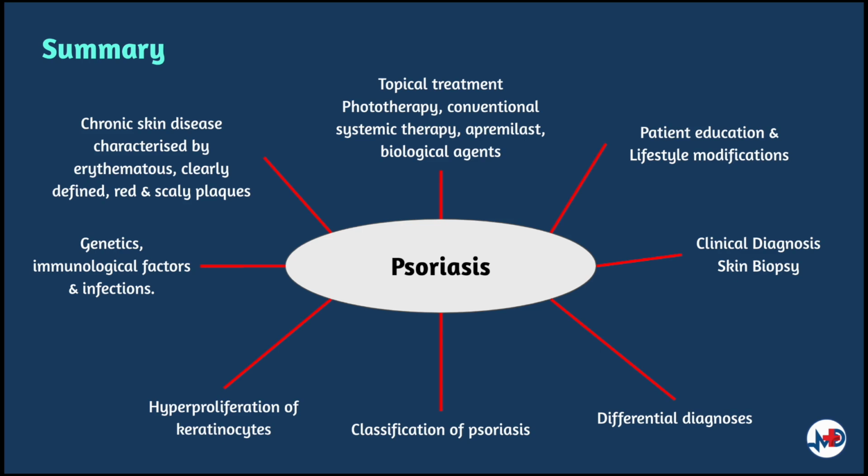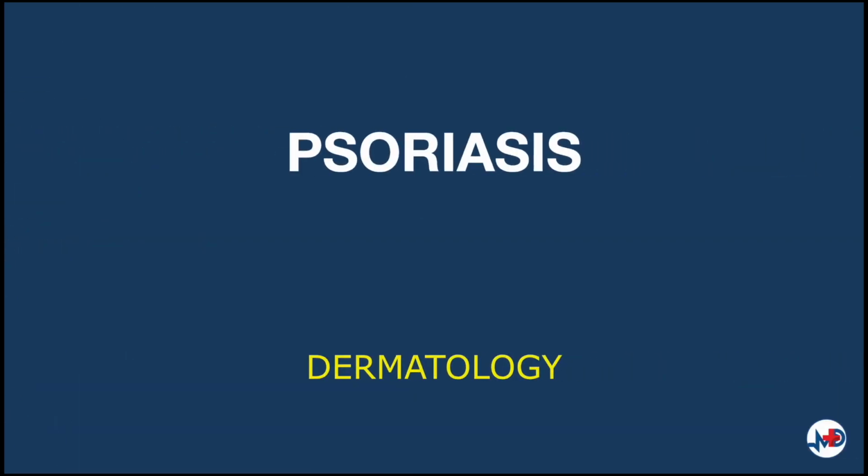As for non-pharmacological treatment, this includes patient education as well as lifestyle modifications. Pharmacological management depends on the severity of psoriasis. Mild or limited psoriasis is treated with topical corticosteroids and/or vitamin D analogues. Moderate to severe may require phototherapy, conventional systemic therapy, apremilast, and biological agents. We have come to the end of this topic.